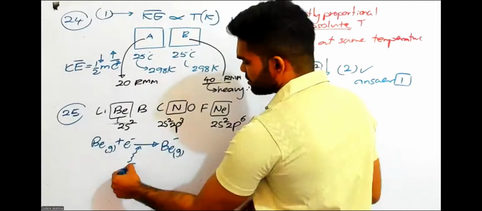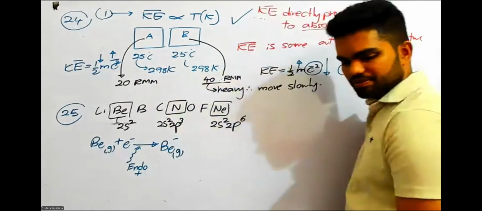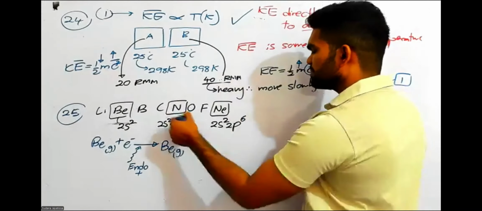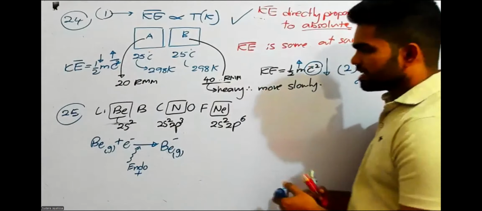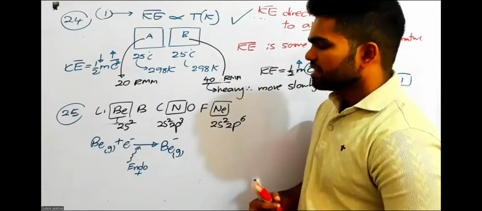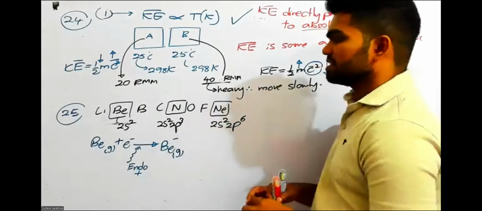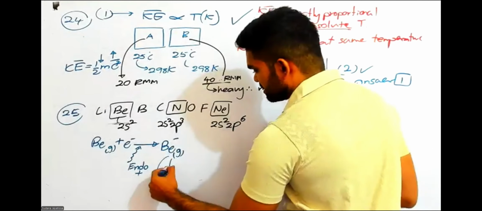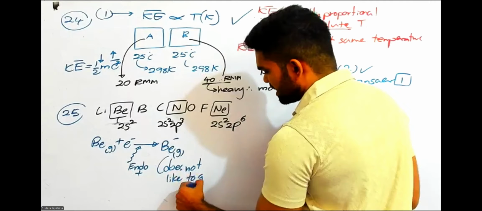So the reaction is going to be endothermic, or positive. You are spending energy to give it. The same thing would happen to nitrogen and neon. So from the second period elements, these are the ones with positive electron gain energies, endothermic. In other words, they do not like to gain electrons.